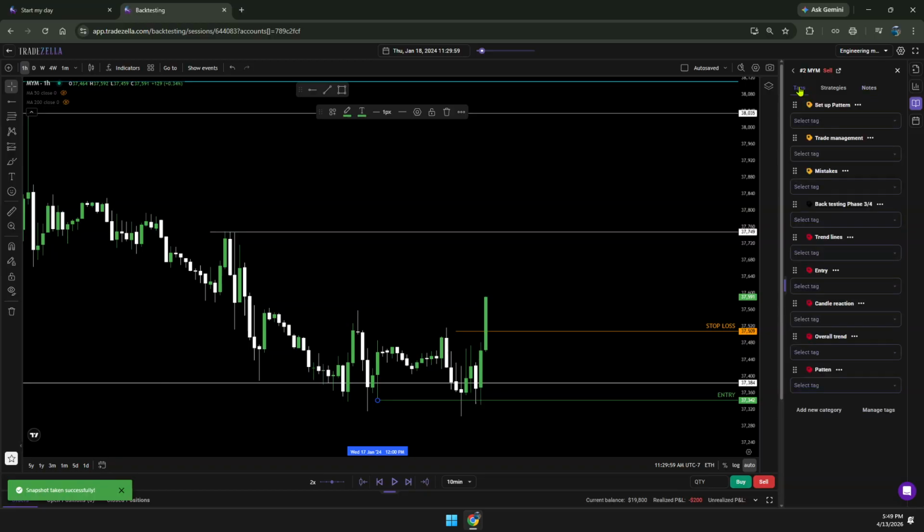And at that time, I created, I don't have it anymore, one simple tag category, and it was retest, no retest, or retest before, retest after, no retest.